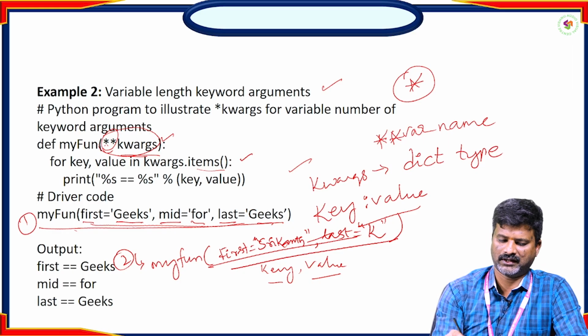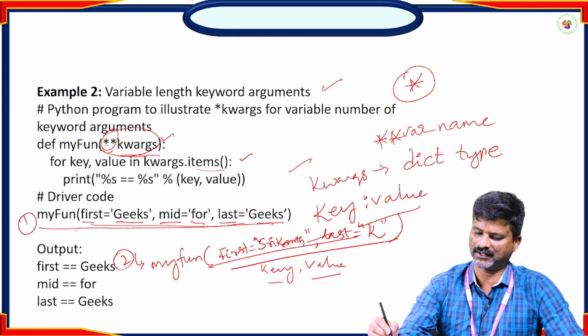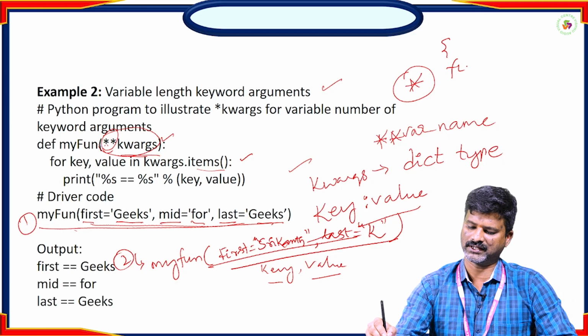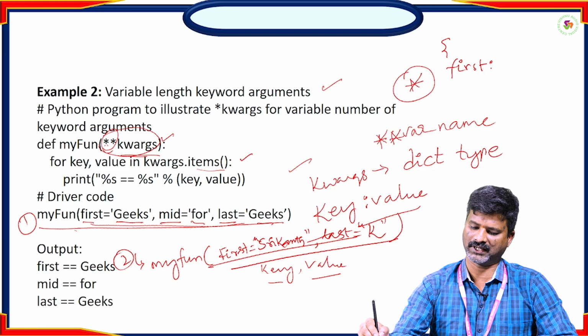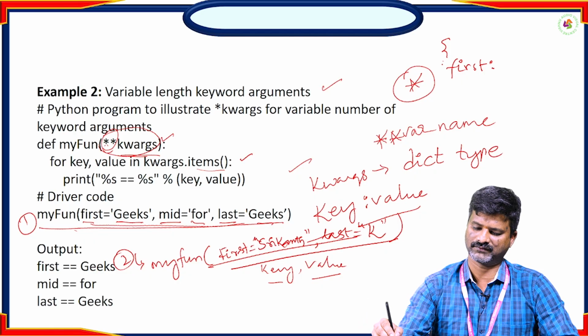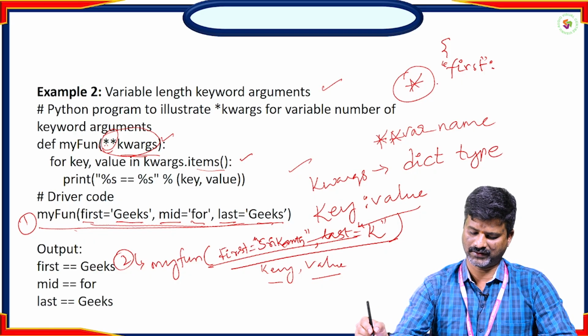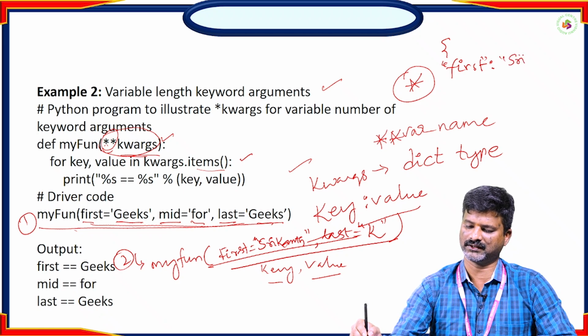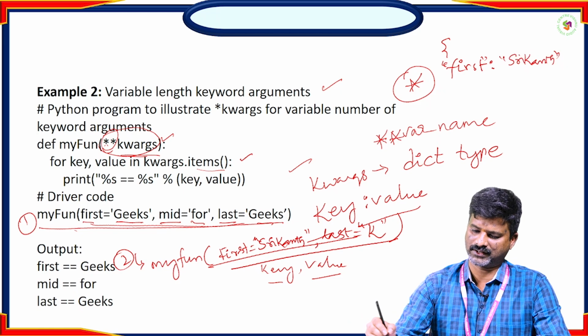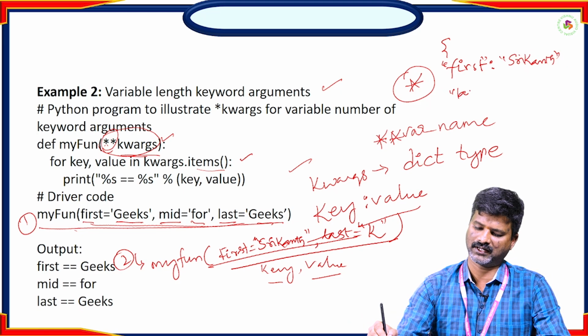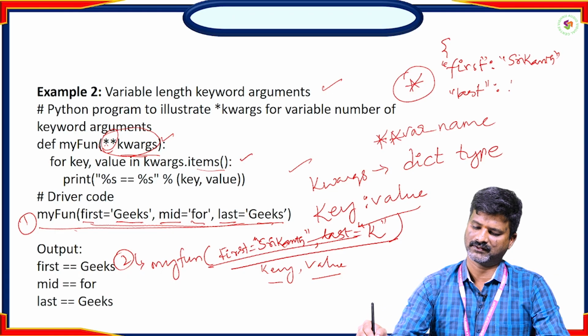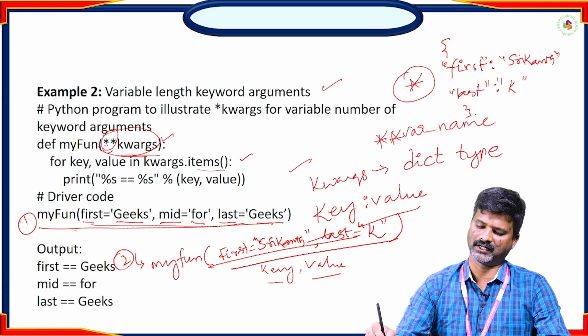The keyword argument contains a dictionary. If you observe, when you are printing kwargs, you will get first as Sreekanth, and the last name as K.